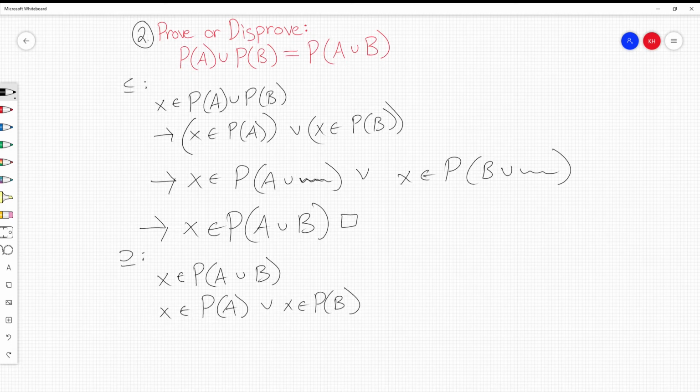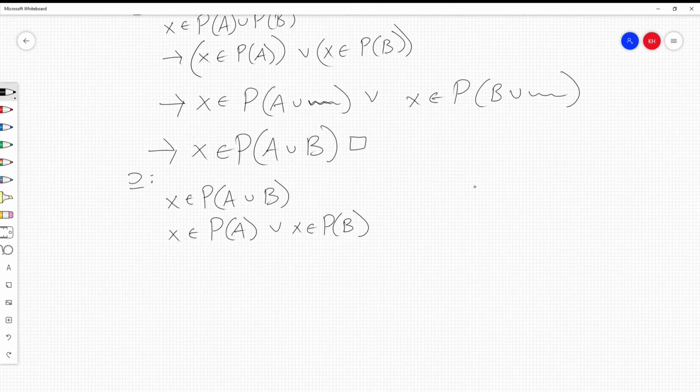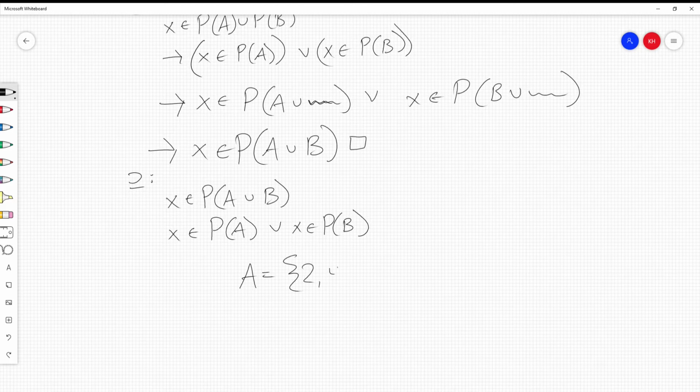This is wrong. You cannot break it up, you cannot take them out of the parentheses of the power set. Say A is equal to, again, {2, 4, 6}, showing a proof by counterexample here, and B is equal to {1, 3, 5}.